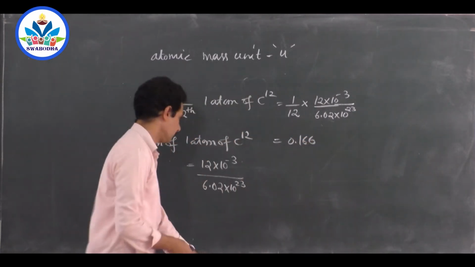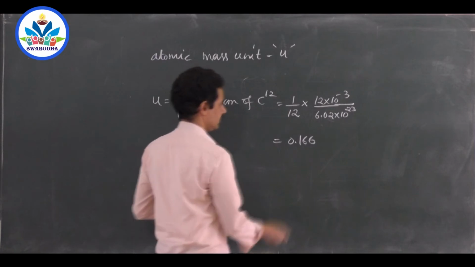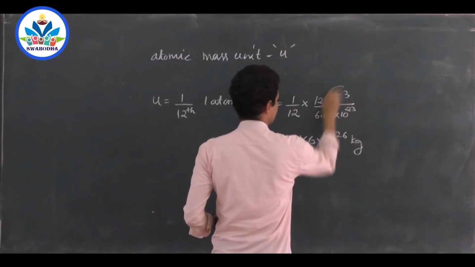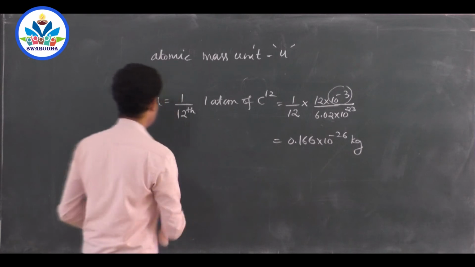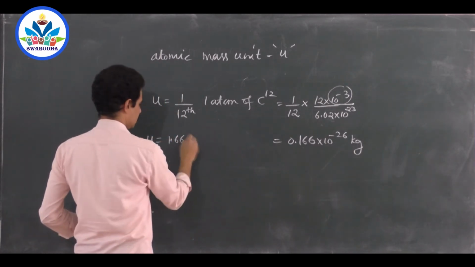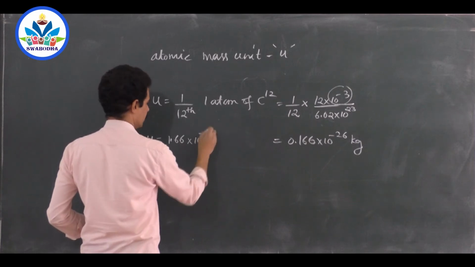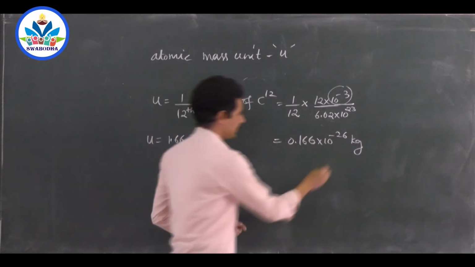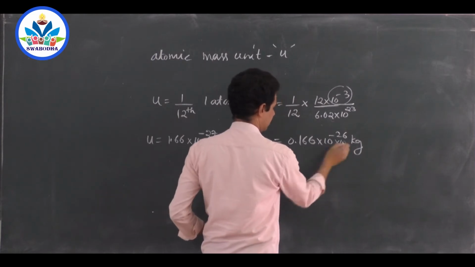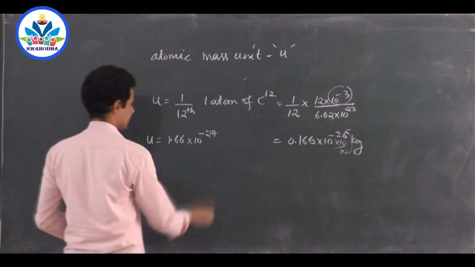I'll rub this now because it is already substituted. 0.166 × 10^-26 kg, because I have already converted it into kg. So this atomic mass unit is 1.66 × 10^-27 kg, because I have to multiply by 10 and divide by 10: multiplied by 10 makes it 1.66, and divided by 10 makes it 10 to the power minus 27 kg.